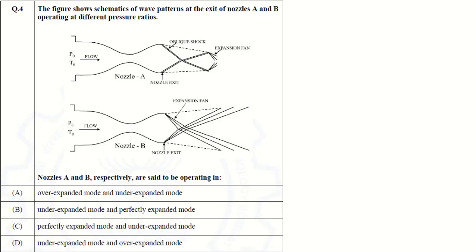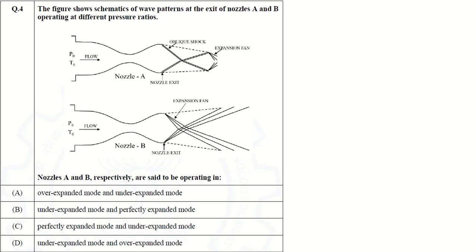Next question is, the figure shows schematics of wave patterns at the exit of nozzles A and B operating at different pressure ratios. So oblique shock and expansion waves of the nozzles are given, and I have to know whether it is overexpanded or underexpanded mode. If you know what is overexpanded mode and underexpanded mode and the condition for each, then it is easy to find out.